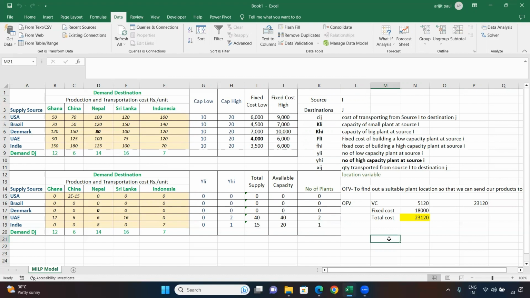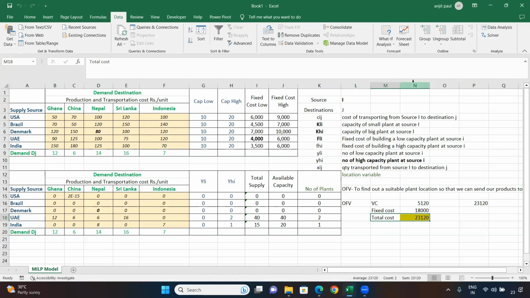Now what we are going to do is tell the Excel solver that the maximum number of plants which we can build in a particular source will be one. So let's add that constraint and see what total cost we are going to incur if we reduce the flexibility of the problem, or if we add more constraints in the problem.